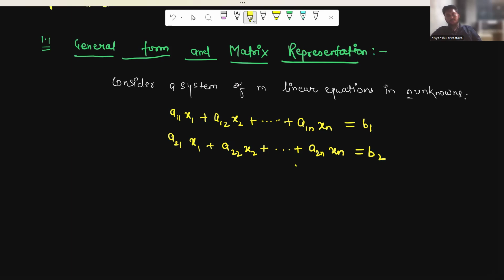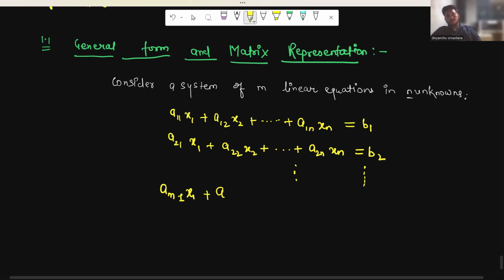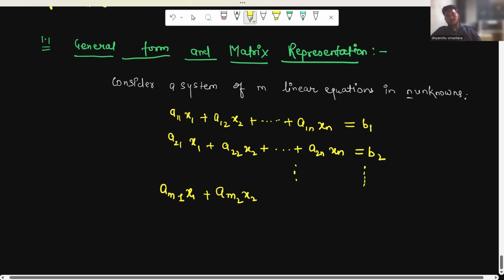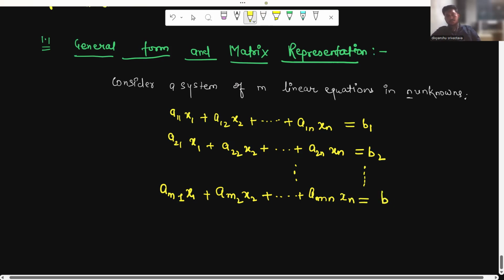And lastly, you write am1 x1 plus am2 x2 and so on up to amn xn, which is equal to bm.